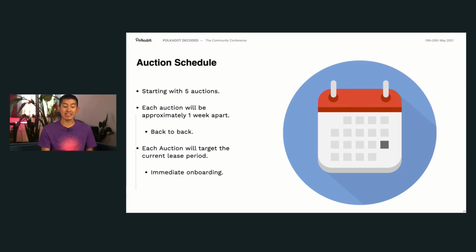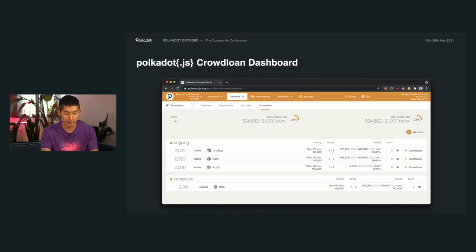Since the auction length itself is 1 week, these auctions will basically be back to back to back. Each auction will target the current lease period. So as soon as a winner is picked in an auction, you will start seeing that parachain immediately start to onboard, and you basically should have that parachain building blocks that day, which is kind of crazy to think about how close we are going to be to parachain teams really launching on Kusama.